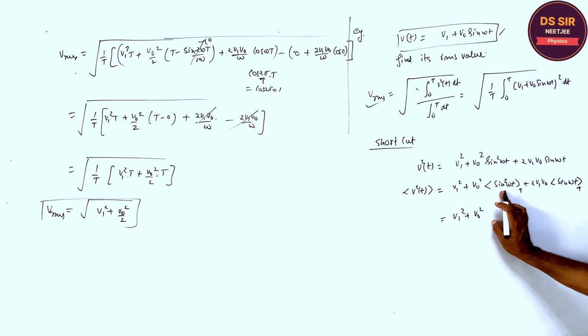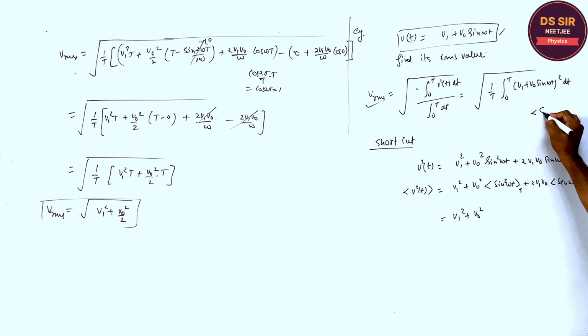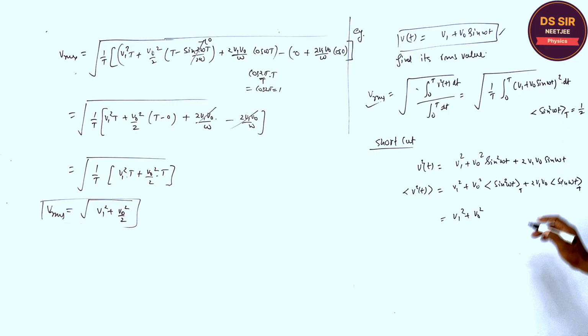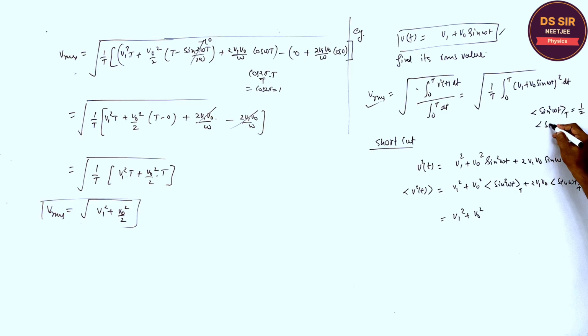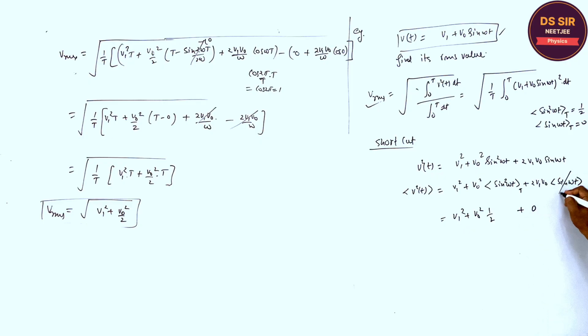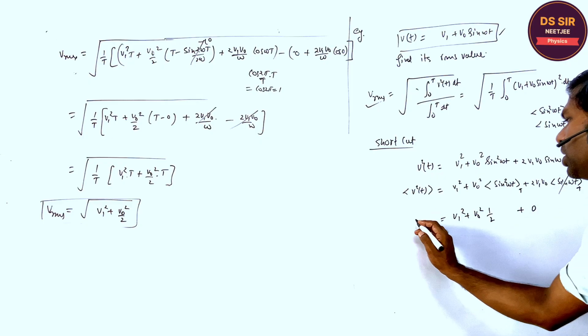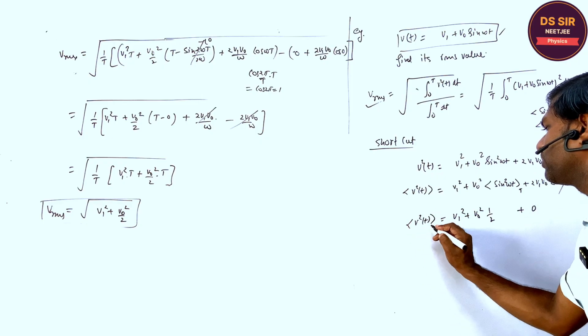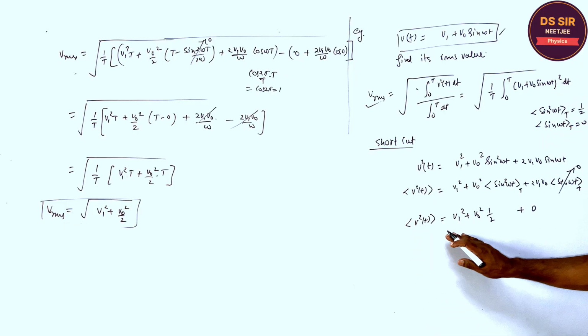The average value of sine square omega t is half. And what is the average value of sine omega t? 0. So this is equal to half and this is equal to 0. So this is the average value of the square.